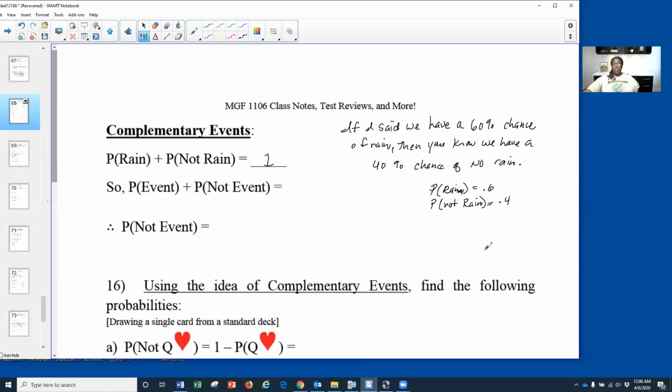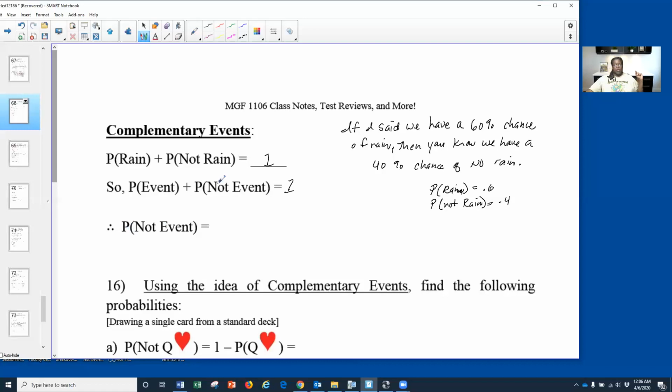This totals up to be your 100%. Right? So here's what we're talking about. Complementary events. The probability of one event plus the probability of not the event should equal 1.